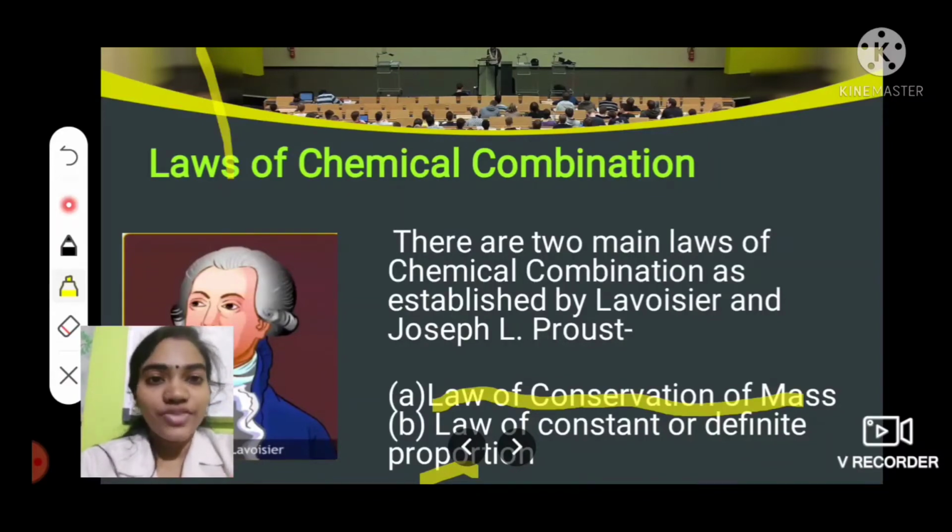The law of conservation of mass was proposed by Antoine Lavoisier, and the law of constant or definite proportion was proposed by Joseph L. Proust.